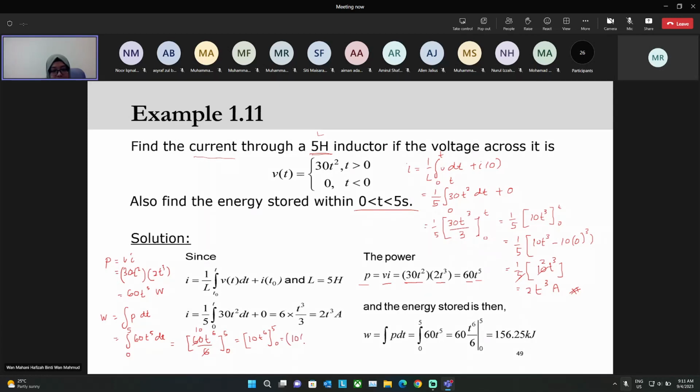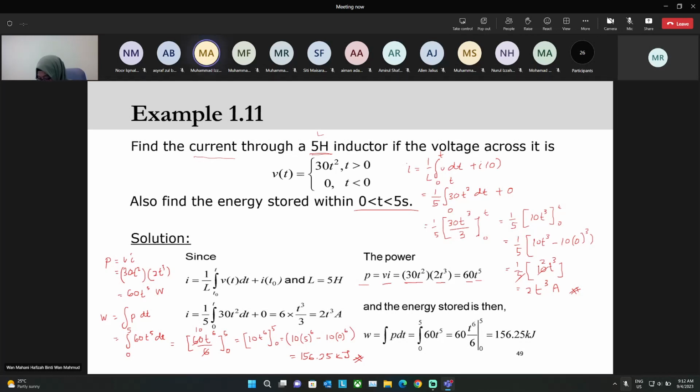So, 10, 5 kuasa 6 tolak dengan 10, kosong kuasa 6. So yang di belakang ni kosong lah. You supposed to get this value lah. Tekan calculator tu. 156.25 kilojoule. Dapat tak?